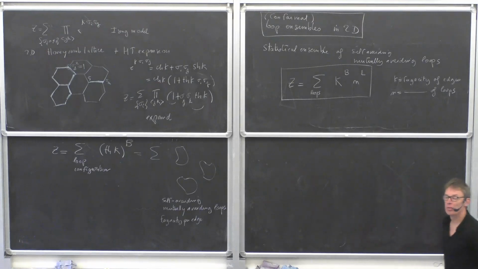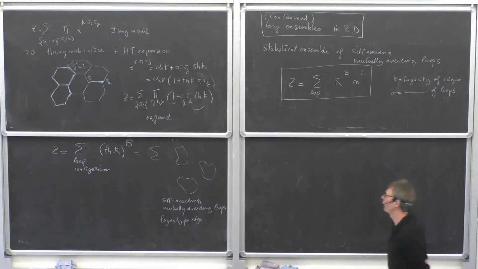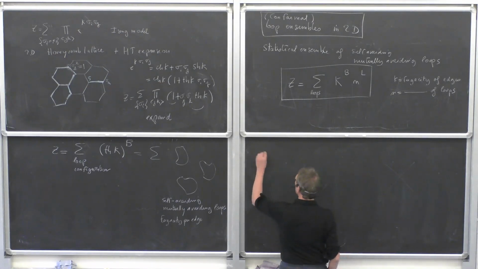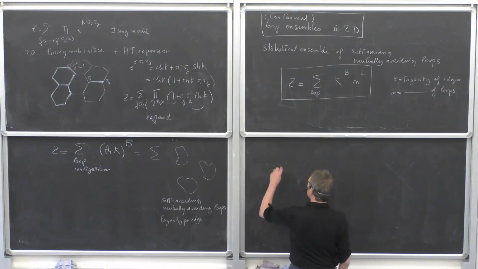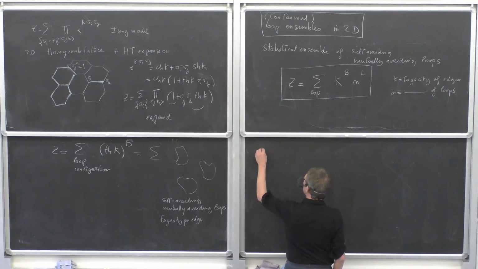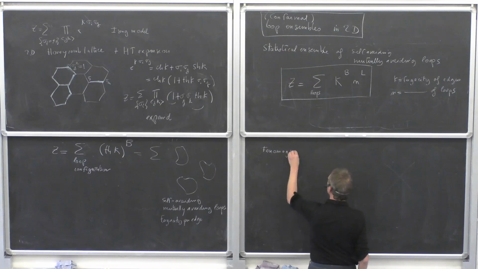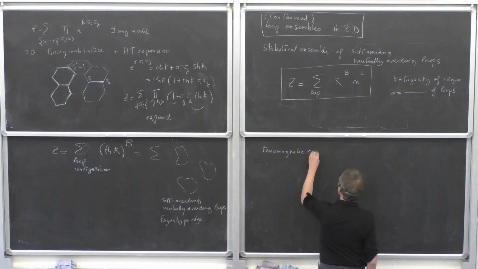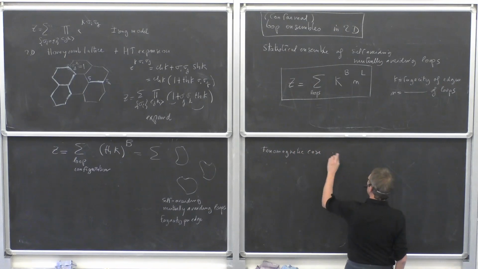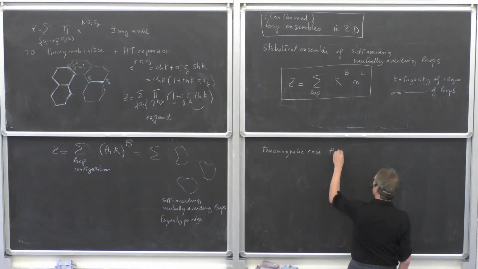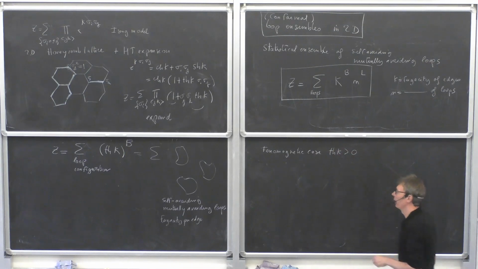Now, we know a lot of things about the Ising model. We know in particular that the Ising model on the hexagonal lattice, or whatever lattice, has, in the ferromagnetic case, ferromagnetic case. So let's take the ferromagnetic case to start. So I should be careful here, it's tanh K that's positive.